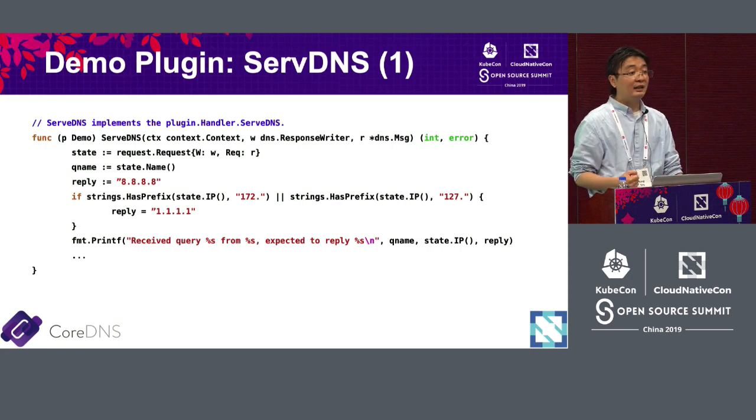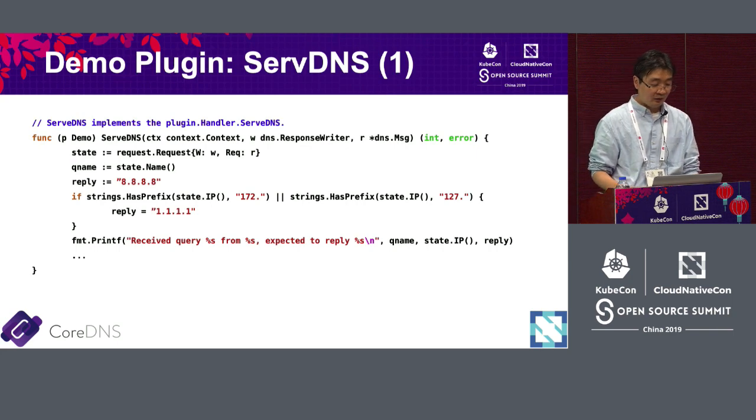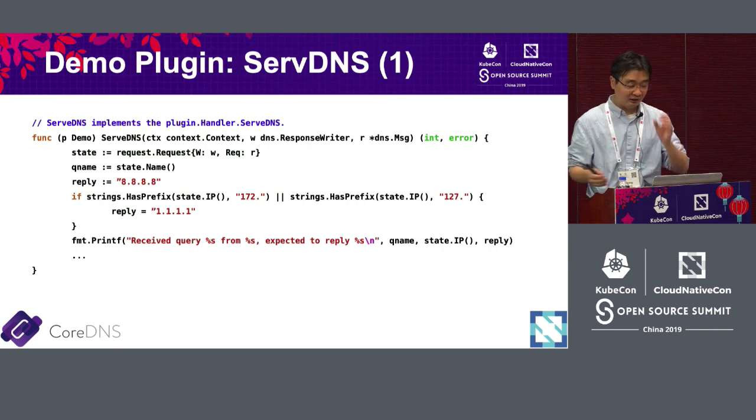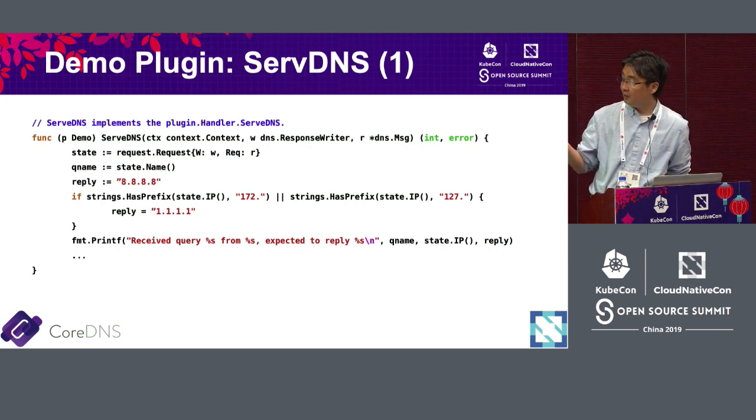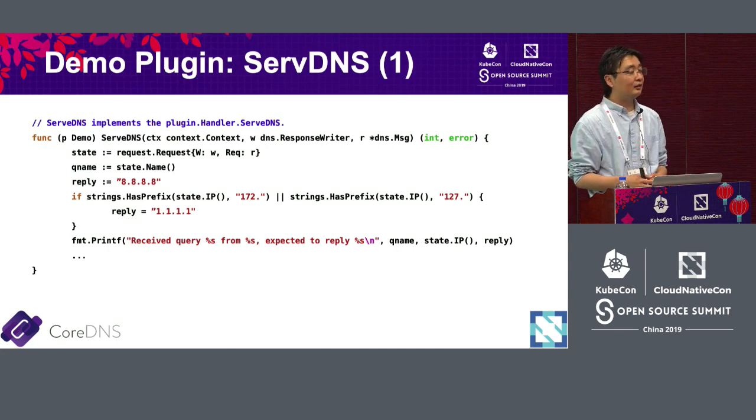The response writer is up to you to decide if you want to just return the response to the query, or you want to let the plugin process fall through to the next plugin. The first line, as you can see, is just state equals request.Request. This essentially allows you to capture the state of the request.